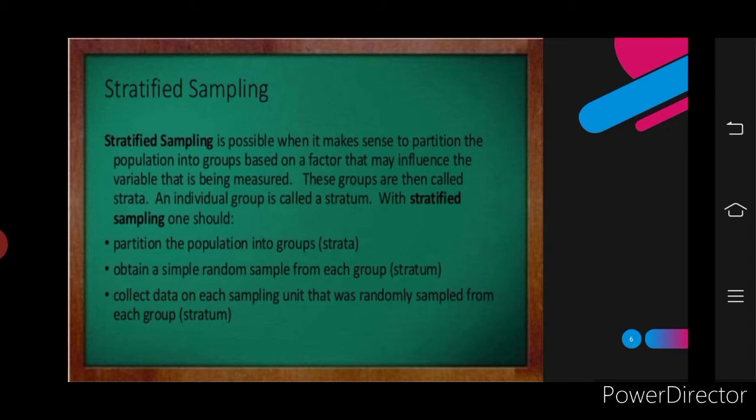These groups are called strata, and the individual group is called a stratum. So, ingon ni: sa usa ka circle of group, partition the population into groups, we call it strata. Then we obtain a random sample from each group, which we call a stratum. Collect the data on each of the sampling units that were randomly sampled from each group.